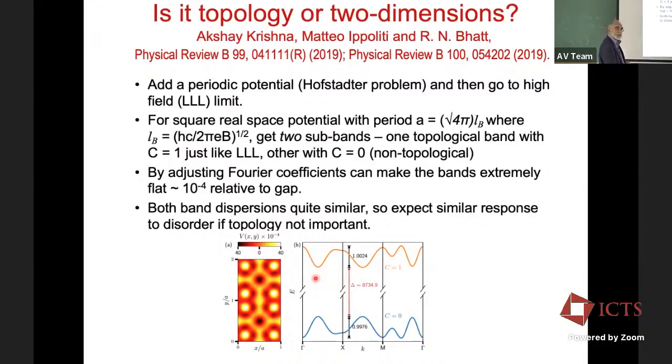I mean, the potential has peaks and valleys quite a bit. It goes from plus 40 to minus 40 in these units. But the bands are flat, order 1. So the bands are an order and a half of magnitude less than the potential fluctuations.